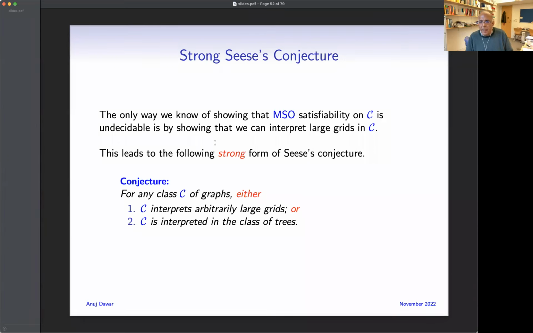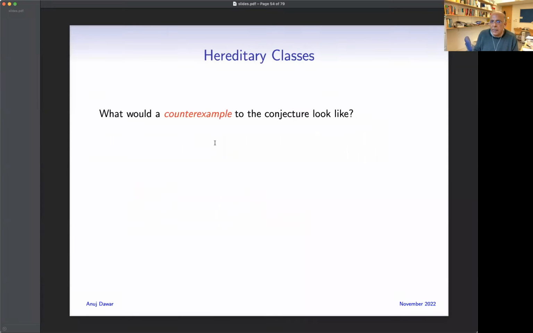But in the context of Seese's conjecture, when we're talking about clique width rather than tree width, and we're talking about interpretations rather than minors, a more relevant notion of graph inclusion is that of the induced subgraph relation.